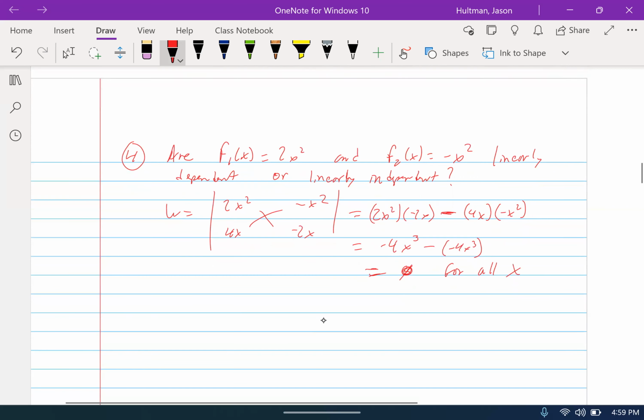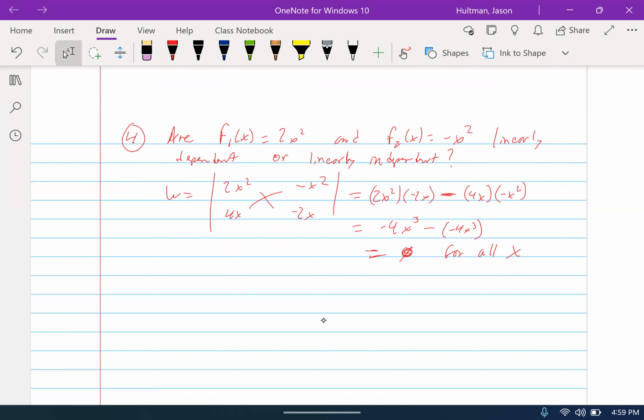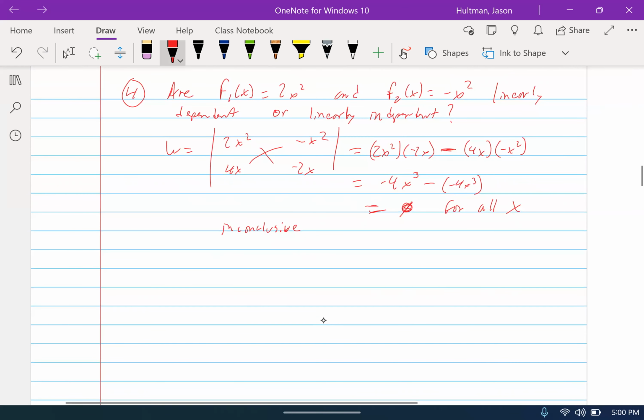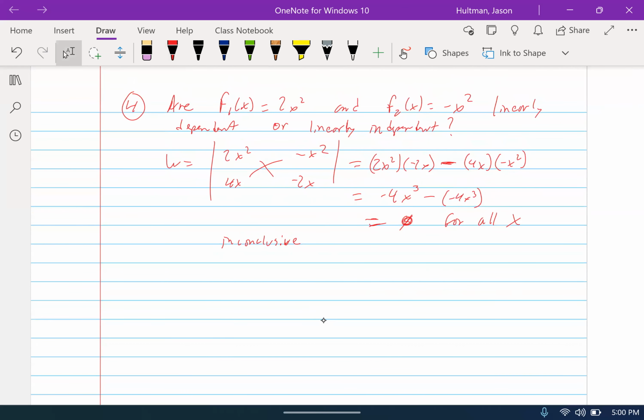So is this linearly dependent or independent? Well, the Wronskian is inconclusive. If we could find some value where it was not equal to 0, then it would be linearly independent, and we'd know right away. But this is inconclusive. But we can see that f1 and f2 are linearly dependent.